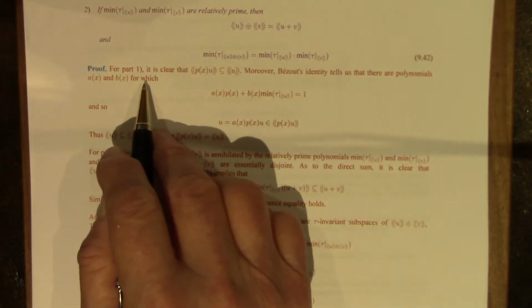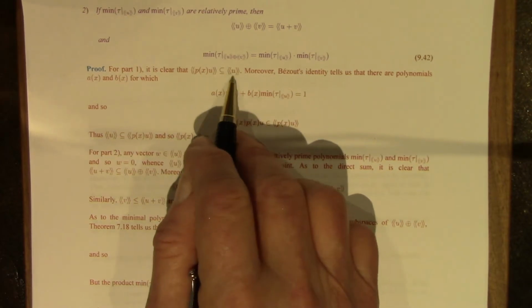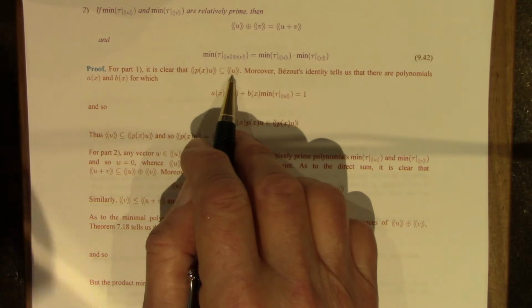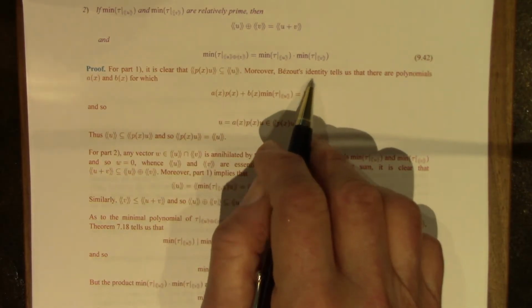As to the proof for part one, it's certainly clear that this submodule is contained in this one. And since we have relatively prime polynomials, it's time to use Bezout's identity.